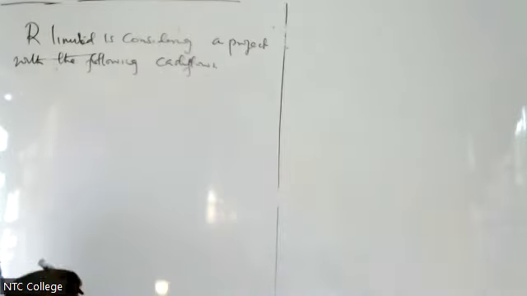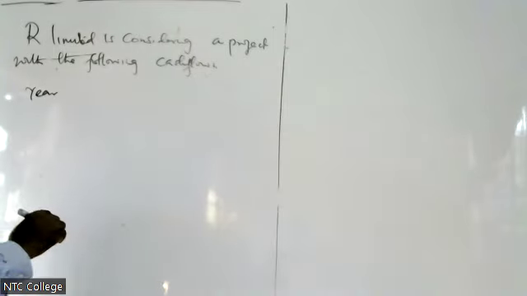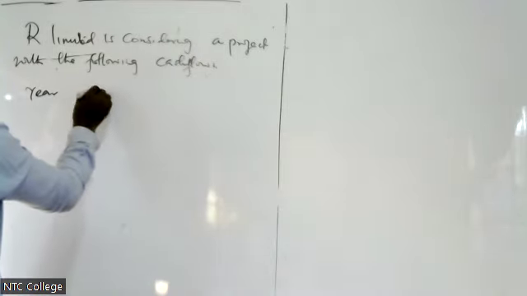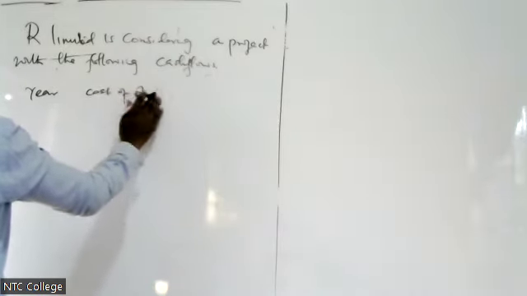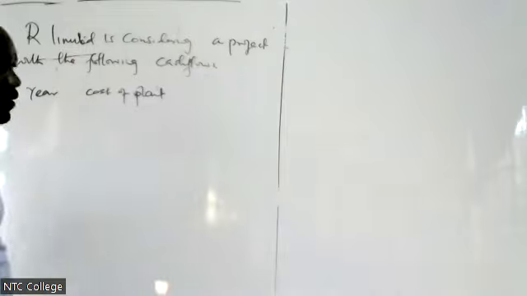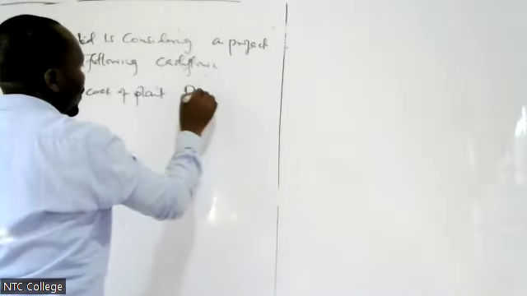So we have here the cost of plant, that is the cost of machine. We have running cost.